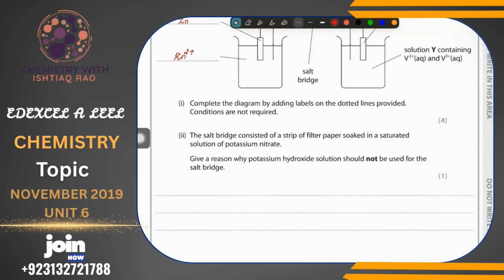Give a reason why potassium hydroxide solution should not be used for the salt bridge. Why not? It is not as soluble as KNO3. Or, first of all, why do we use a salt bridge?